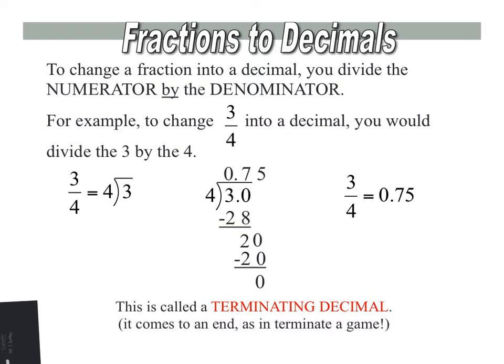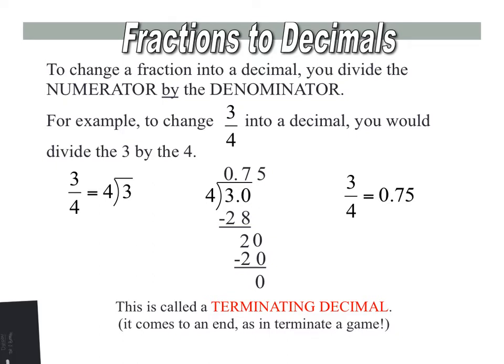So sometimes, as you will see in a little bit, it is going to be in your best interest to just memorize certain fractions and their decimal equivalents because it's really easy to just remember them instead of doing the long division. Think of 3/4 as 75 cents, which is written as 0.75.